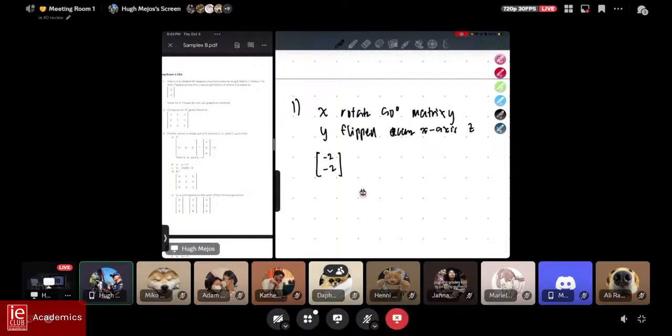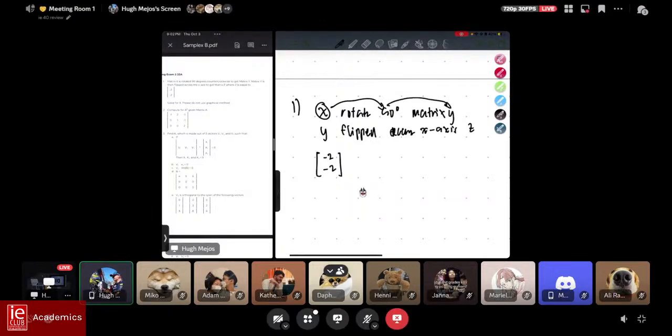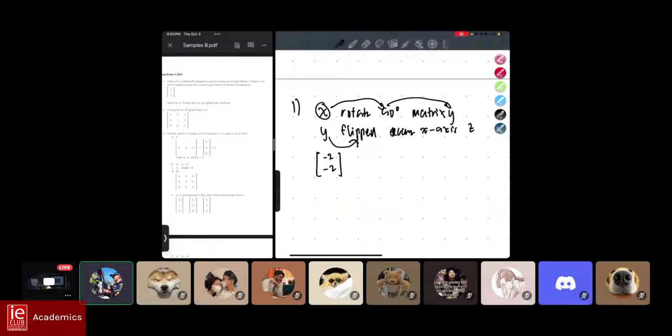So my initial value, we rotate it 90 degrees and we got matrix Y. Then matrix Y, we flipped it, and we got Z. And then Z is negative 2, negative 2.